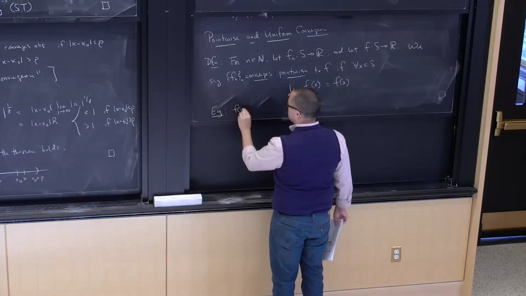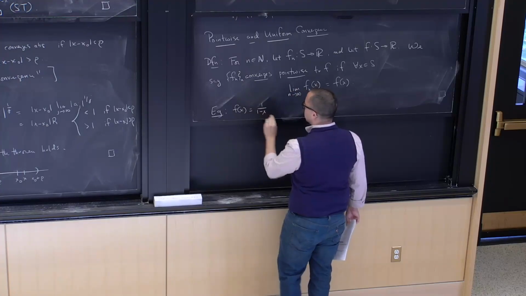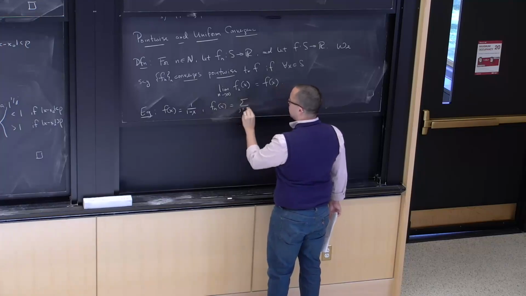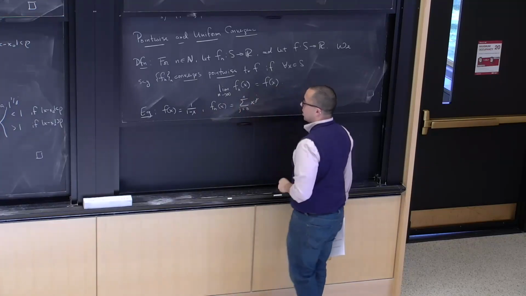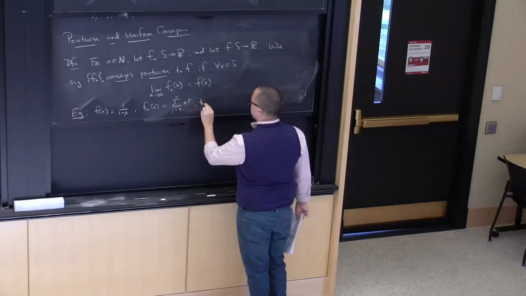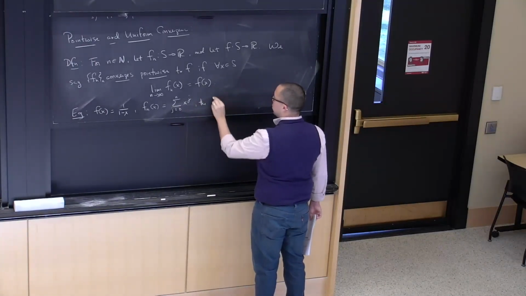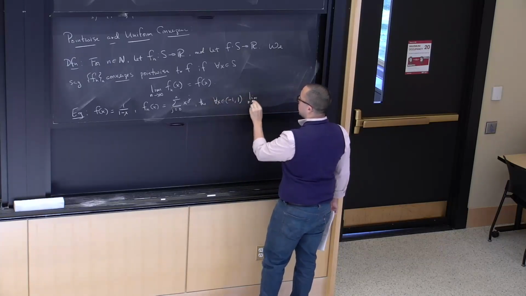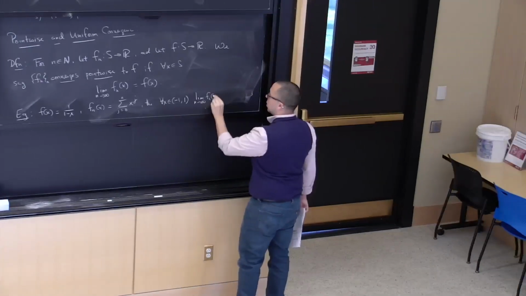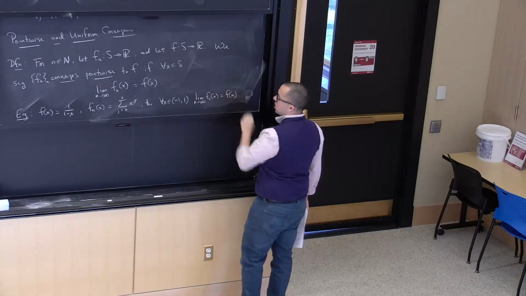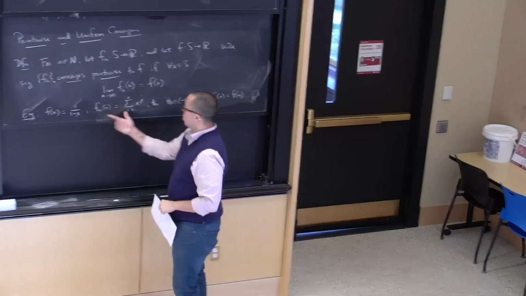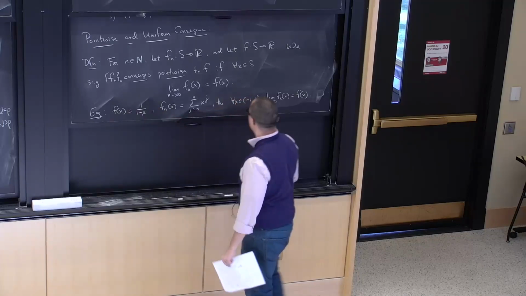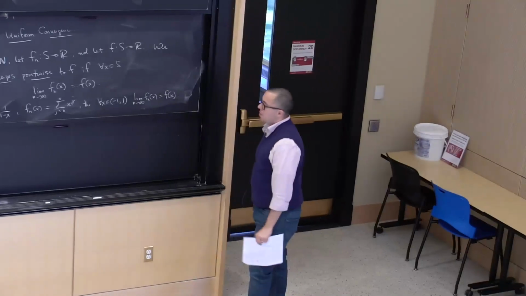If I define f of x equals 1 over 1 minus x, and fn of x to be the sum from j equals 0 to n of x to the j, then for all x in minus 1 to 1, the limit as n goes to infinity of fn of x equals f of x. That is, the sequence of partial sums corresponding to this power series converges to 1 over 1 minus x pointwise on minus 1, 1.